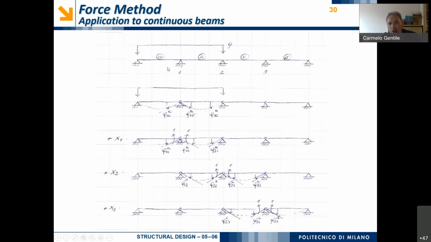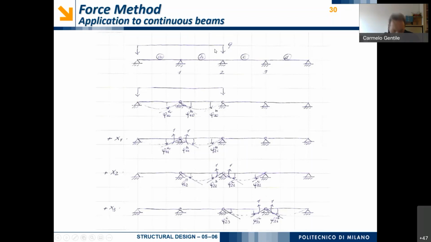And of course, in order to unequivocally denote also the beams, for example, the left-hand side beam is denoted as beam A, the second one is beam B, the third is beam C, and the opposite right-hand side is beam D.